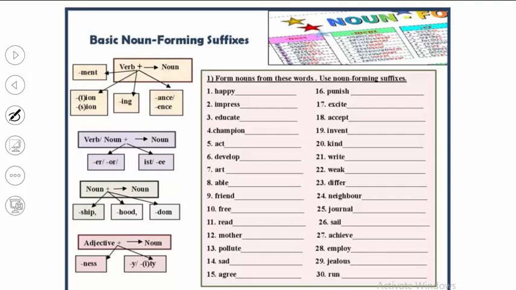For a verb, add some suffixes after the verb. For example, -ment, -tion, -sion, -ing, and -ance or -ence. We can make it a noun.